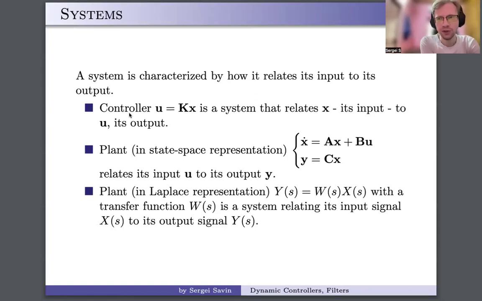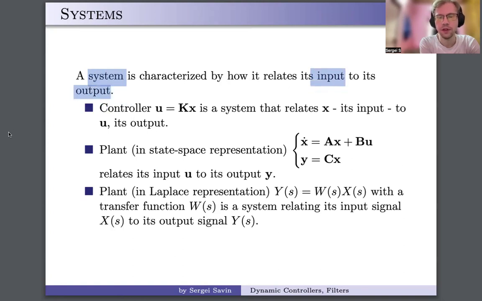So one very useful, but maybe a little bit not obvious abstraction is a system, all right? So we can think about a system as being characterized by how it relates inputs to outputs.